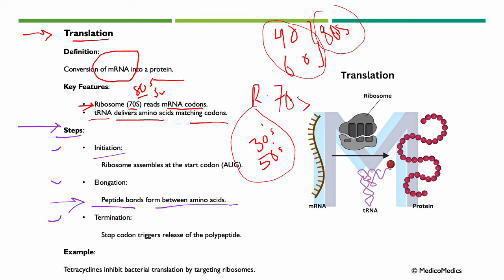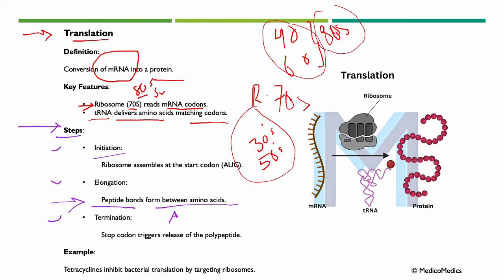And the ribosome has 3 sites for transfer RNA binding. It has something called A site, which stands for aminoacyl site. And we have the P site, which is the peptidyl site. And then we have the E site, the exit site.